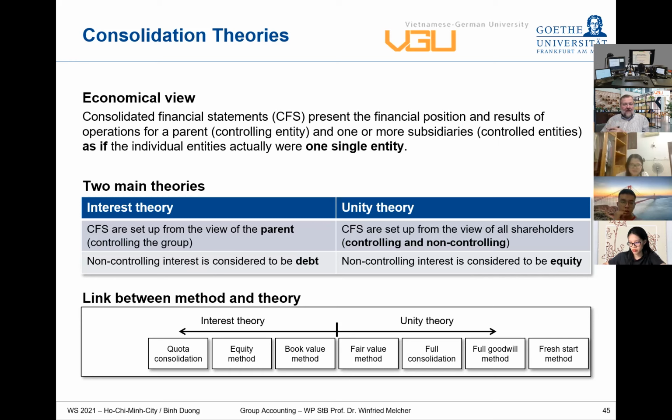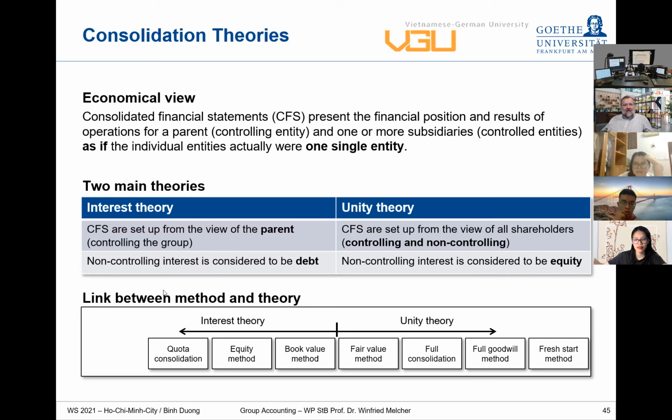Practically speaking, they are different companies, but they are all included in one group, and therefore we look at the group as if, and that is essential, as if it was one single entity.